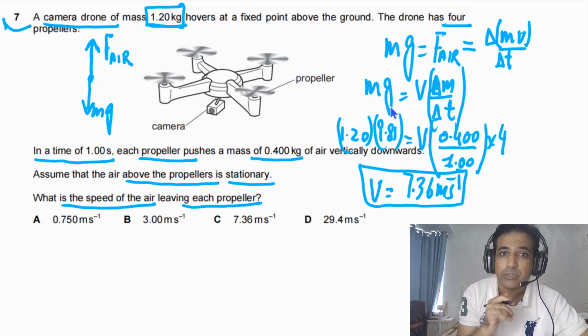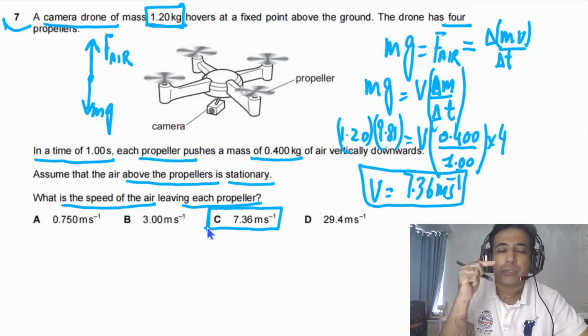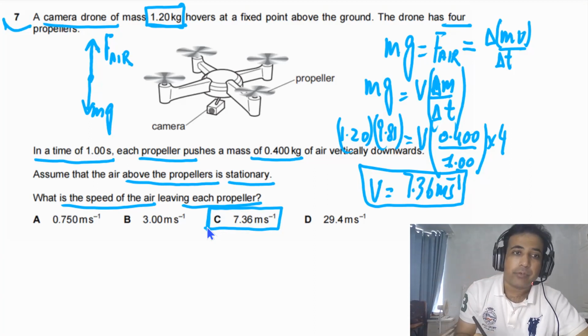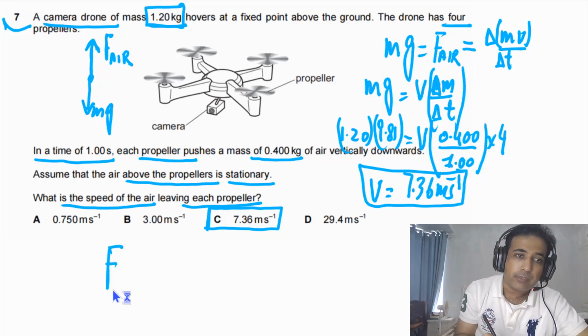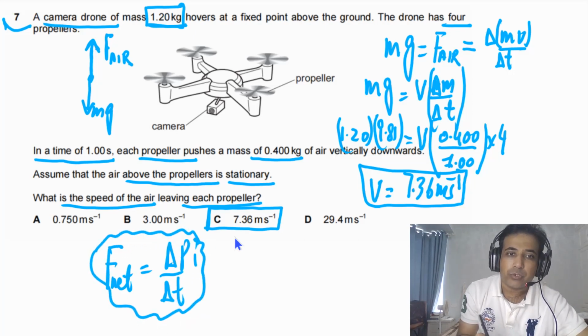This is a proper way to understand this concept. So the answer for this question is C, and this is a typical question. They will ask you this question in different ways in almost every paper. So you need to understand the resultant force. This is the F net. This is equal to rate of change of momentum. So very important one. Every year there will be one question about this equation.